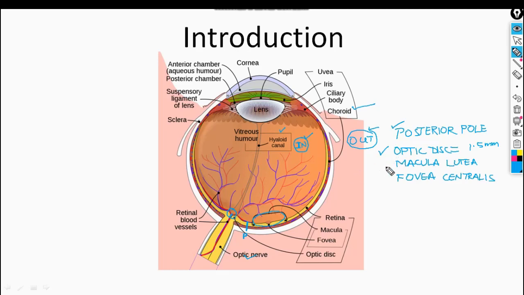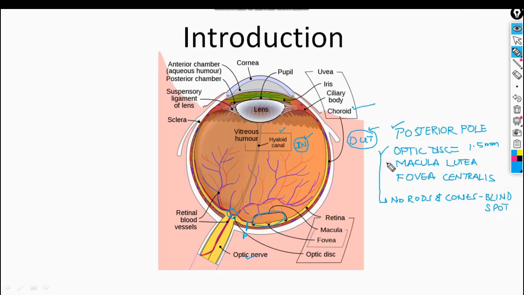This point of depression contains no rods and no cones. That's why this point is known as the blind spot. Clear? What is the blind spot?